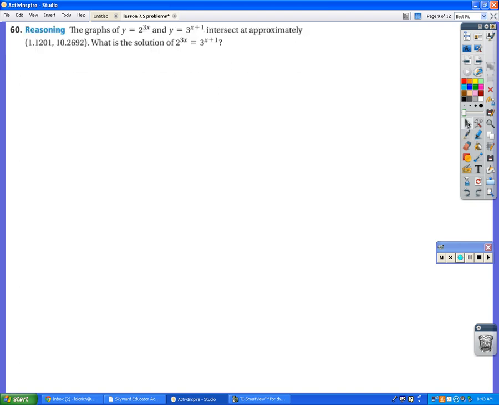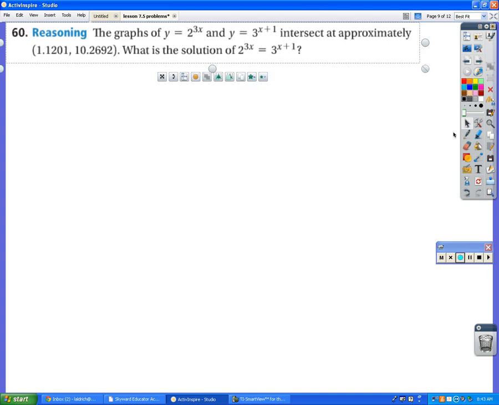Okay, it says the graphs of y equals 2 to the 3x and y equals 3 to the x plus 1 intersect at approximately that point. What is the solution of 2 to the 3x equals 3 to the x plus 1? What variable would we be trying to solve for in this problem?